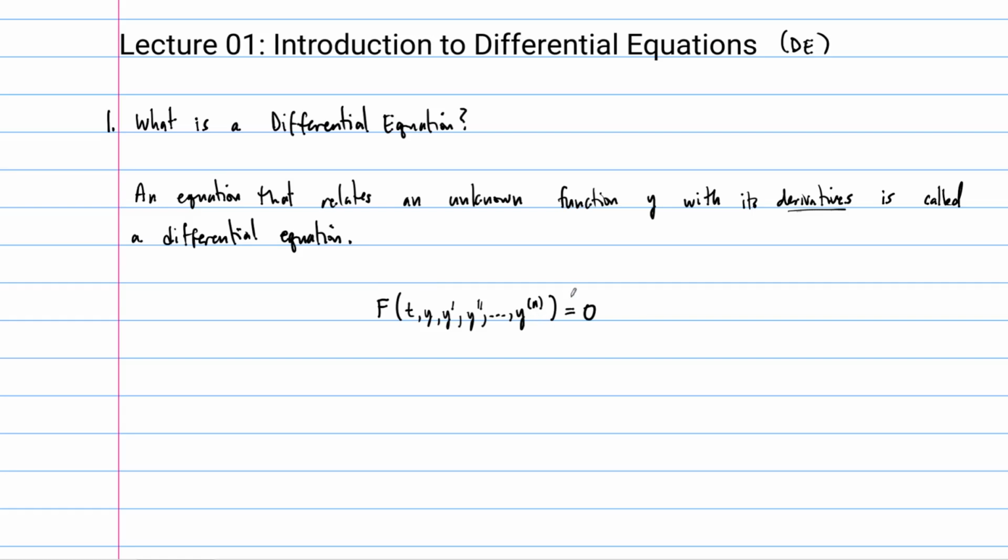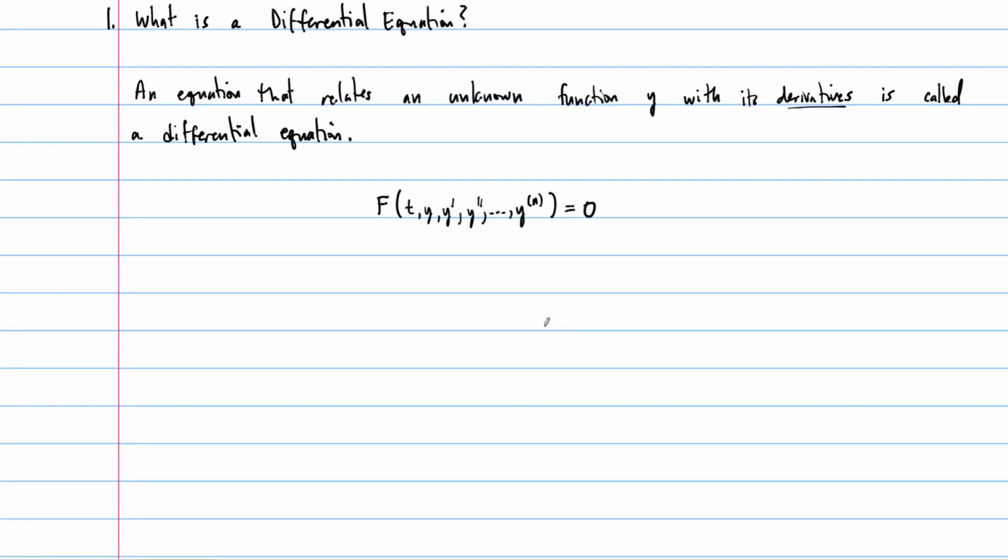We'll write down some examples in a moment, but some of the primary examples that we're going to study are first order differential equations. First order means that only the first derivative appears. So for us, a first order differential equation is an equation that we can write as y prime, the derivative, equals something in terms of just t and y on the right-hand side.